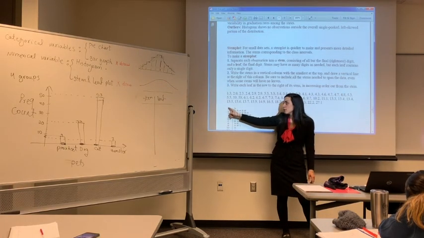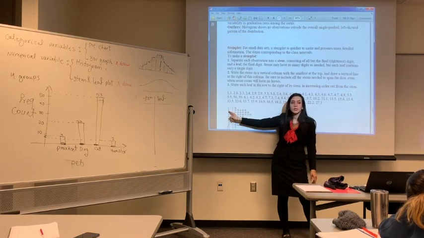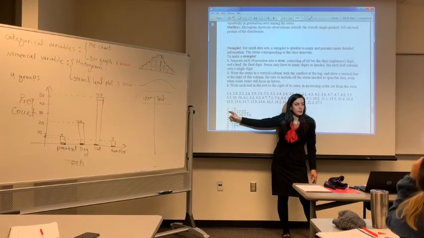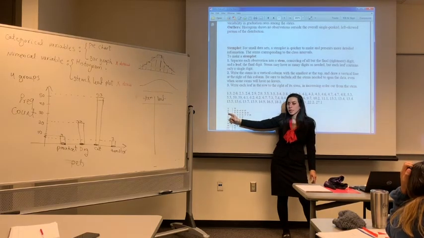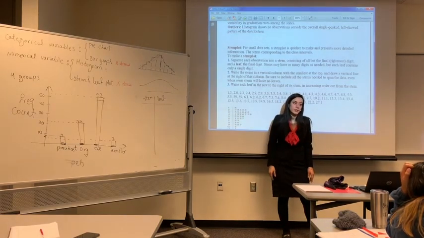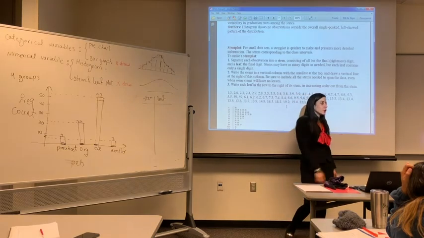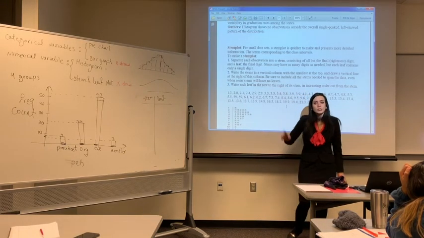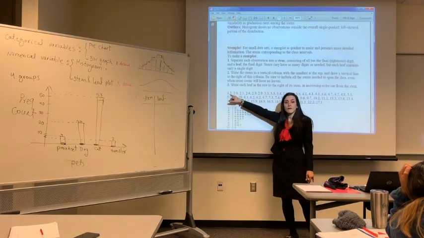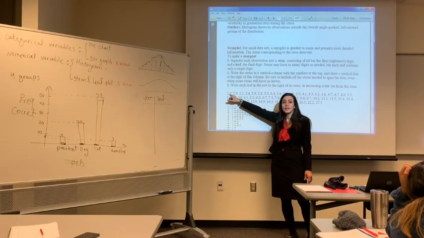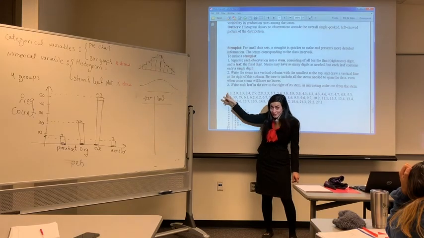1 is a stem, you will write it down here. 2 is a stem, you will write it down here. 3 is a stem, write it down. 19 was a stem, also write it down. All of the stems you have. So now the number you were covering, 3 here, is leaf for this stem.